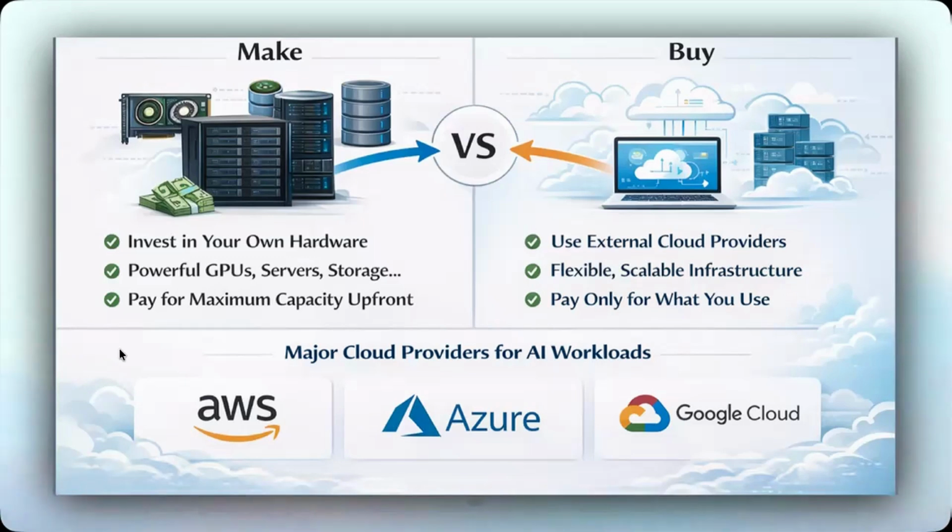The three major cloud providers, AWS, Microsoft Azure, and Google Cloud Platform, all offer infrastructure specifically designed for AI workloads. They provide access to powerful GPUs, large scale storage, ready to use APIs, and tools that make building, running, and scaling AI agents much easier.